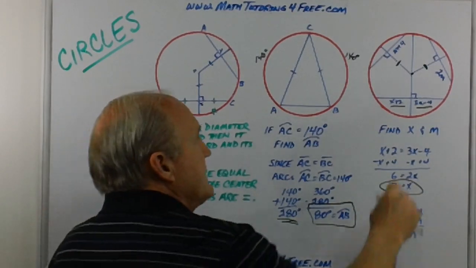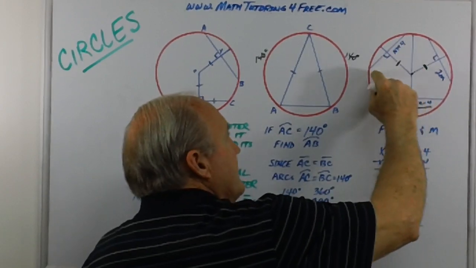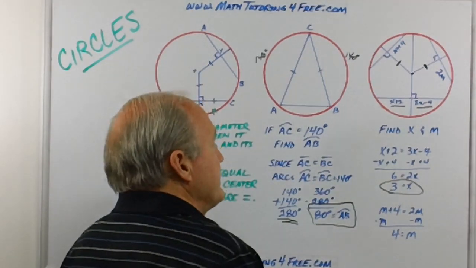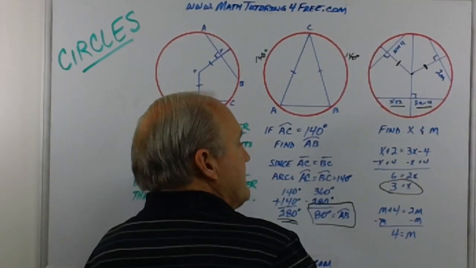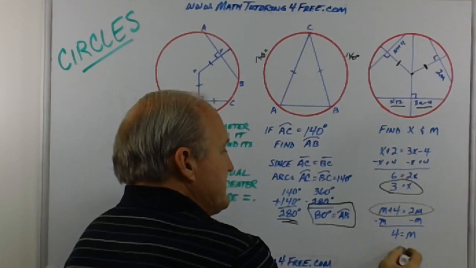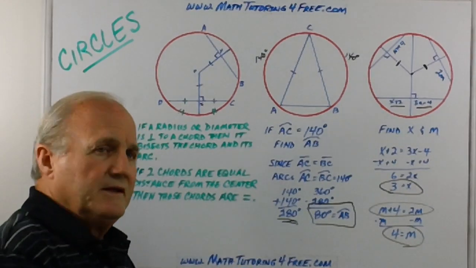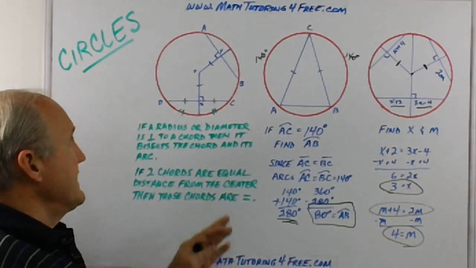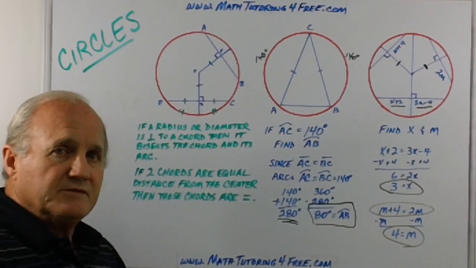If a chord is equidistant from the center with another chord, then those chords are equal. And if those chords are equal, and they're both bisected, obviously the parts are going to be equal, and we can set those equal to each other, and we had another simple algebra problem ending up with m is equal to 4.